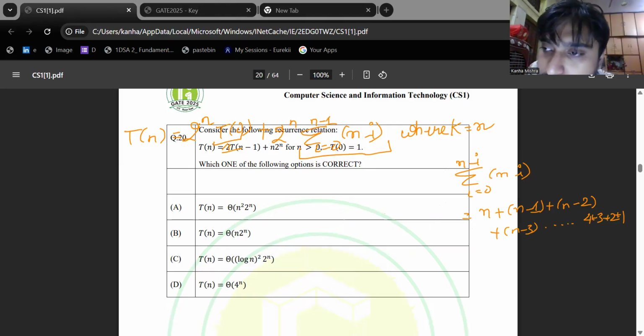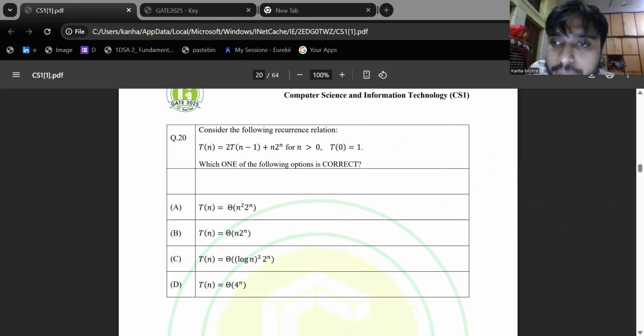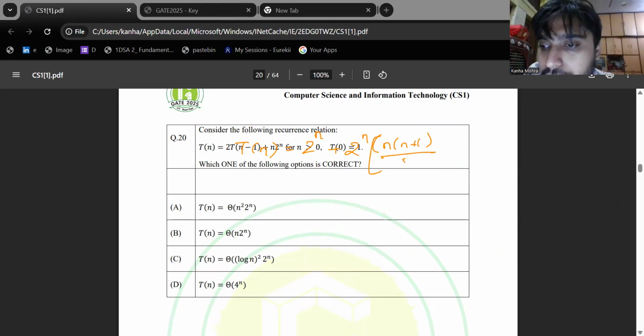You guys know what the summation of n looks like: n into (n+1) by 2. We can replace this value with this. So T(n) comes out to be 2^n into 1 plus 2^n into n(n+1) by 2.